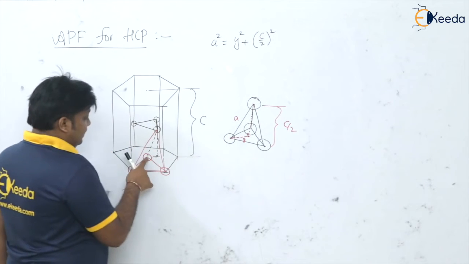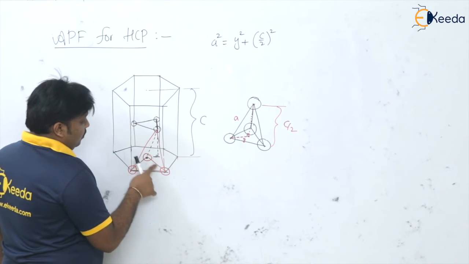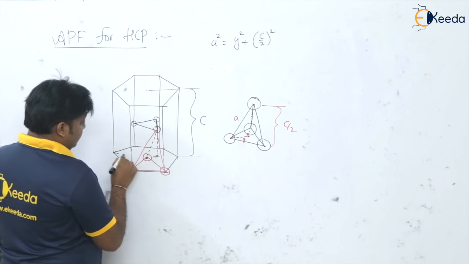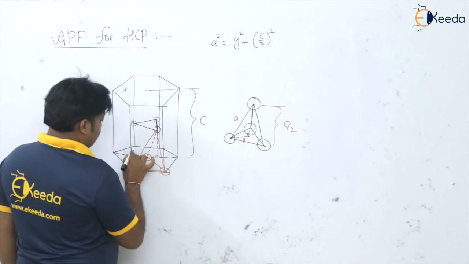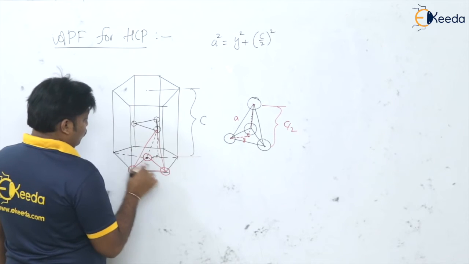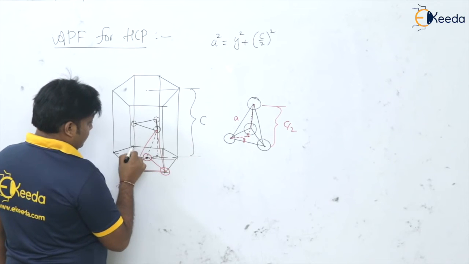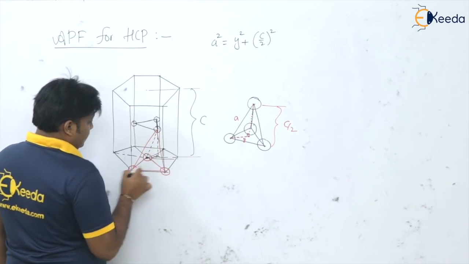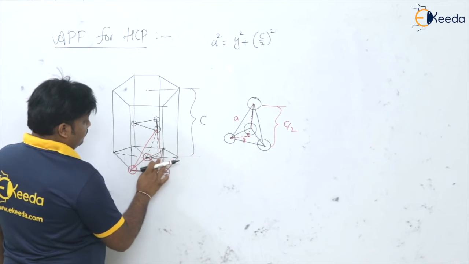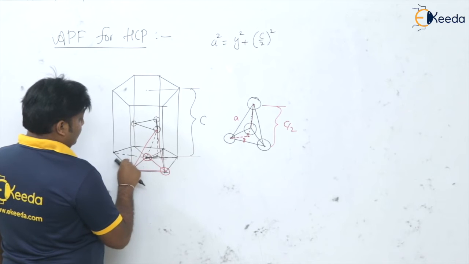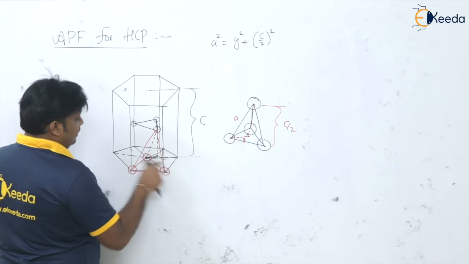Now if I take this base or this triangle here, which is an equilateral triangle, we are having actually 6 equilateral triangles here, see. 1, 2, 3, 4, 5 and 6 equilateral triangles.